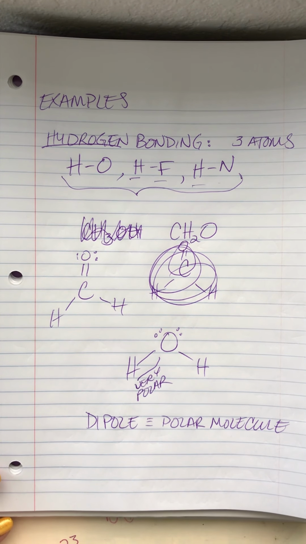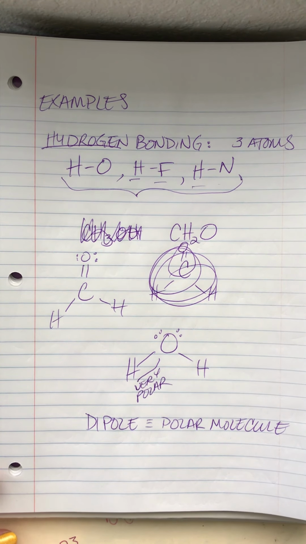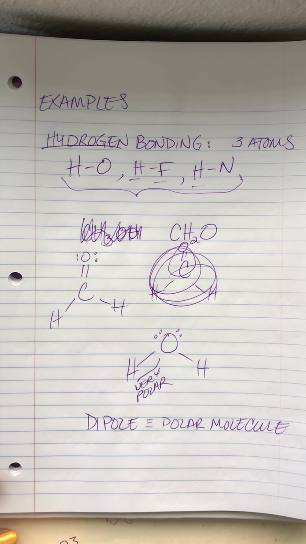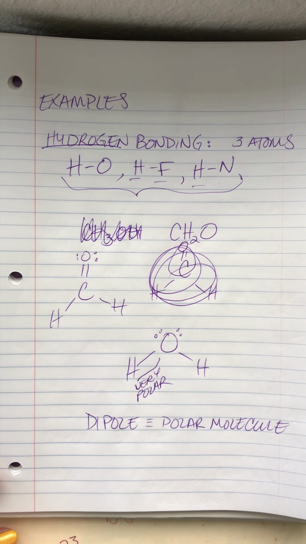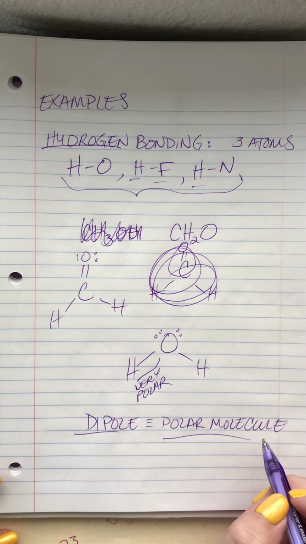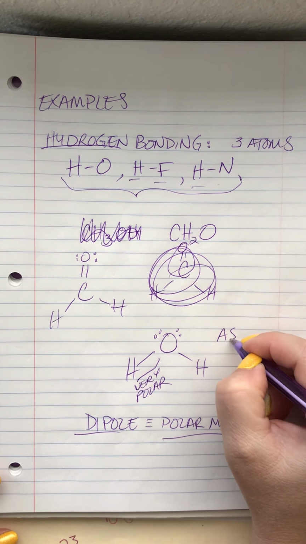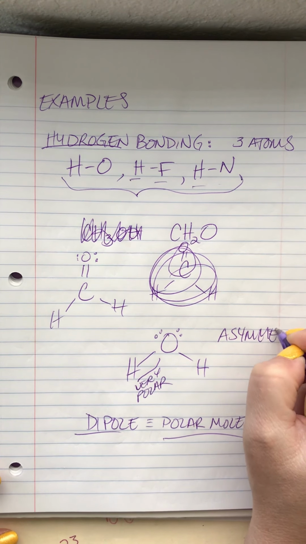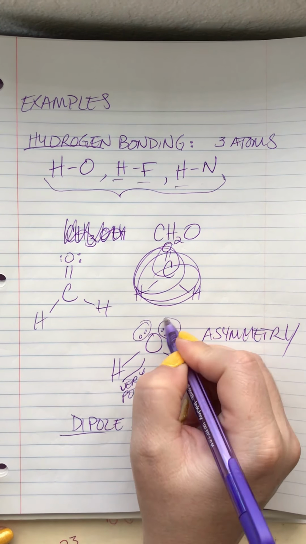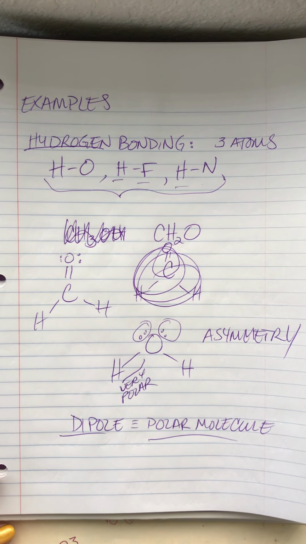Yep, that's one component. But what else do you need in order to have a polar molecule? You know, something to do with the lone pairs? Yeah, exactly. Asymmetry. So remember when we were talking at the beginning about the asymmetry in the molecule? In order to have a dipole, aka a polar molecule, we need to have asymmetry, which we have in water. We have these 2 lone pairs, which makes it asymmetric.